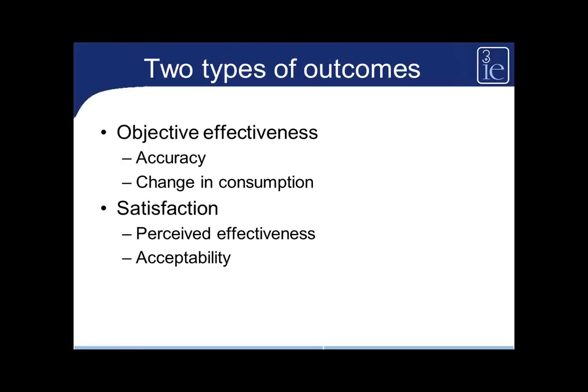Okay. So in the study they measured 2 types of outcomes. One is what they call objective effectiveness, that they look at essentially in 2 ways. First, they look at accuracy. So for all of the households in the study, the control and the various treatment groups, they had information about actual means.